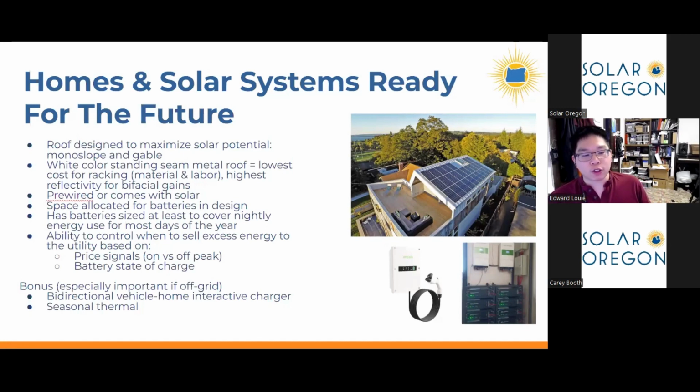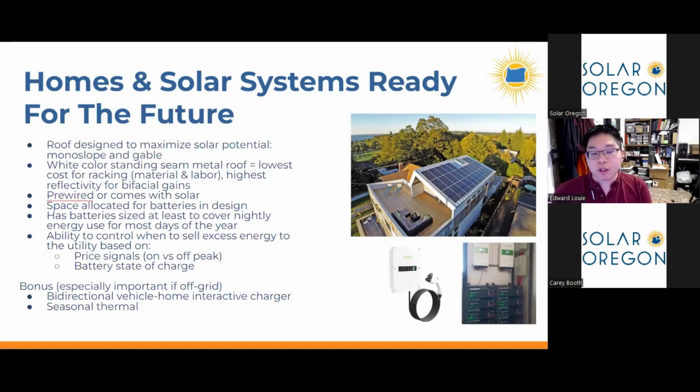Bifacial solar panels generate electricity with the solar energy going through the panel, and then you get some bonus energy with the light bouncing off the reflective surface on the backside of the panel, coming back on the return trip. So if you have a white roof, you get a lot of light bounce, and that makes the most use of your bifacial gains.